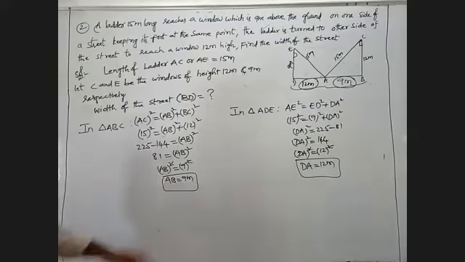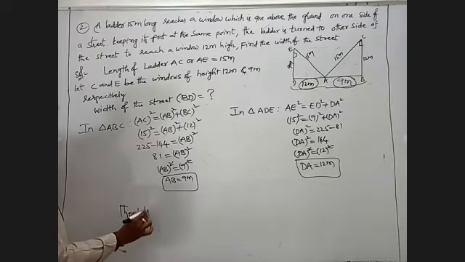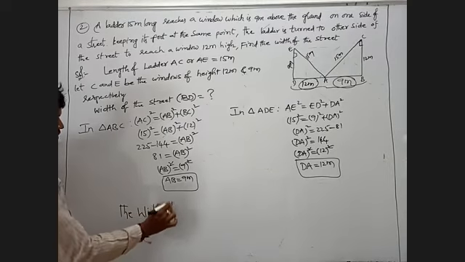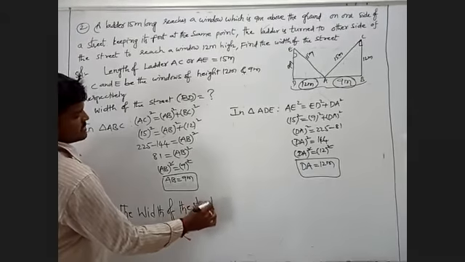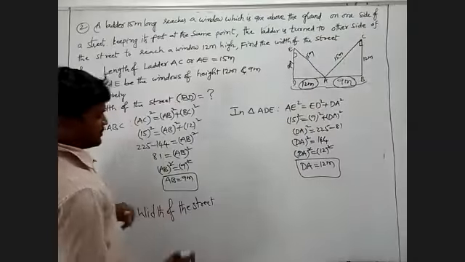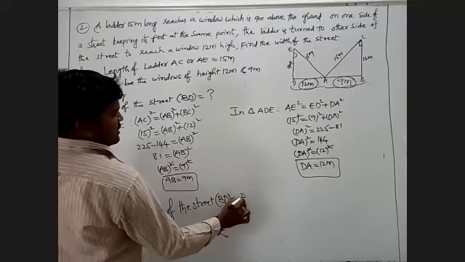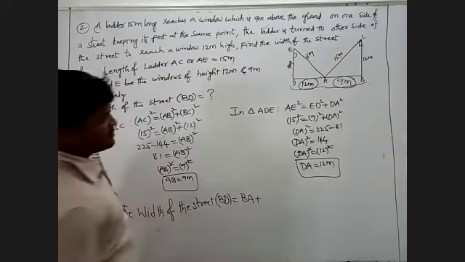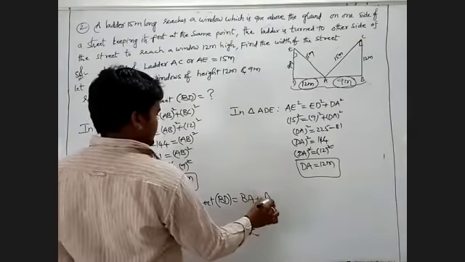By the problem, what I have to find out in this one means the width of the street. Where the given width of the street, that we have to take BD. BD we have to write in this one: BA plus again AD will write.